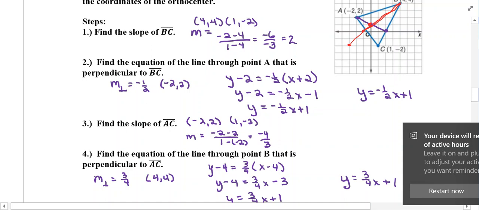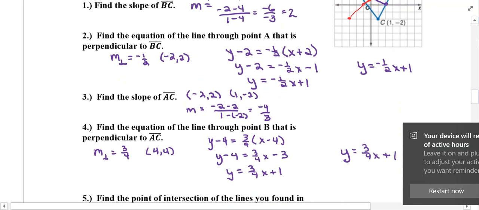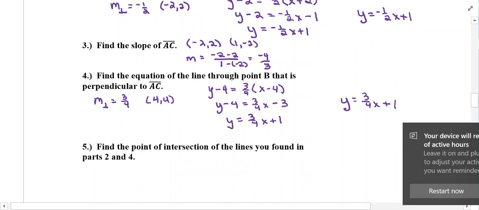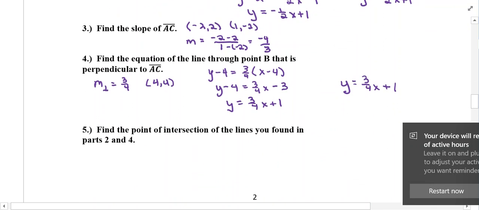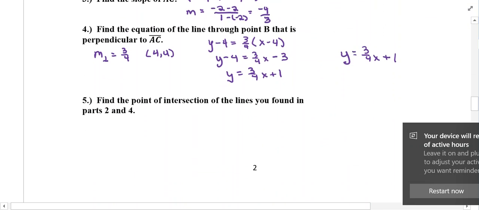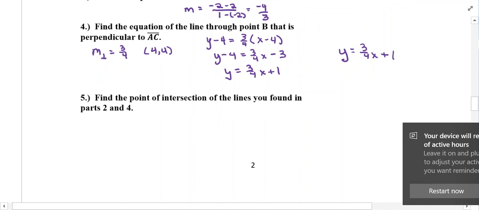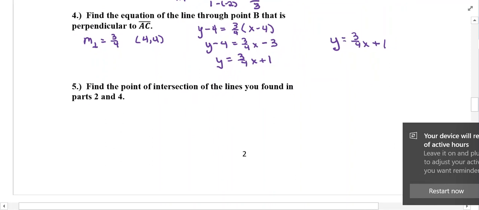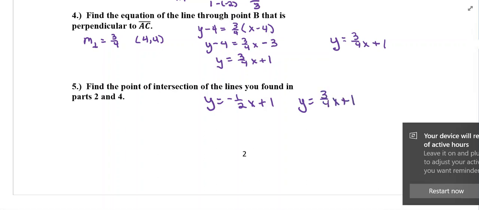We don't need to draw the third median. Looking at this, we can see that the y-intercept is (0, 1), and that's where it crosses through both of those. But if we didn't have that case, the way we would solve it is that we would have the two lines. We have the line y equals -1/2 x plus 1, and we have the line y equals 3/4 x plus 1.